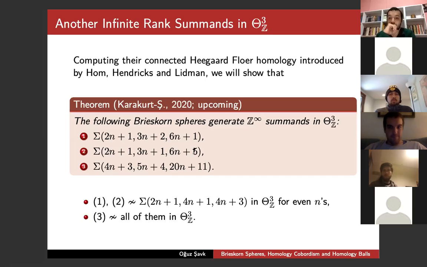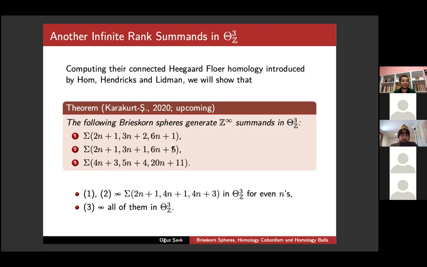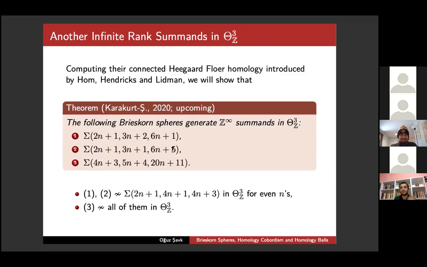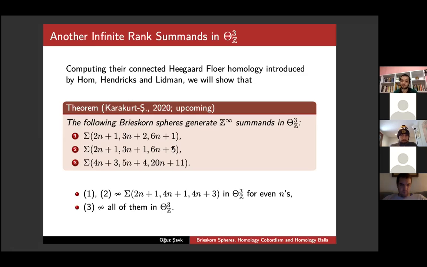I have another quick short question. Which geometry out of the 8 geometries in 3 dimensions do these Brieskorn spheres belong to? Do they belong to one of them or several of them? Are they spherical? They lie in 6 of Thurston's 8 geometries. Okay. They are almost all of them.